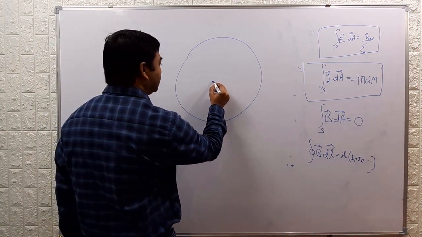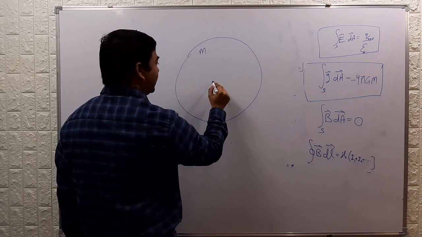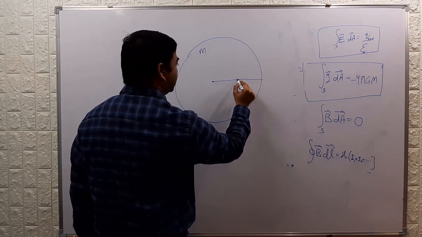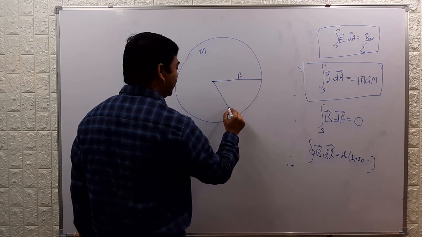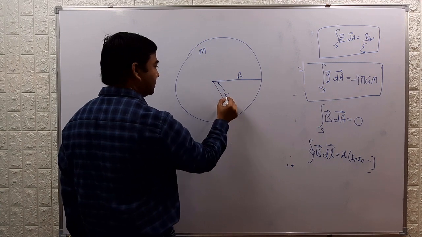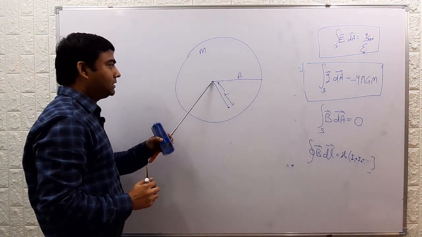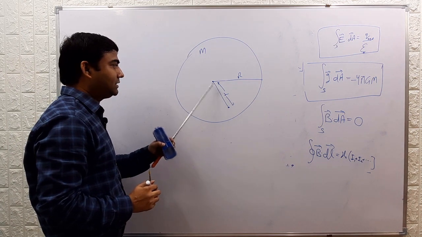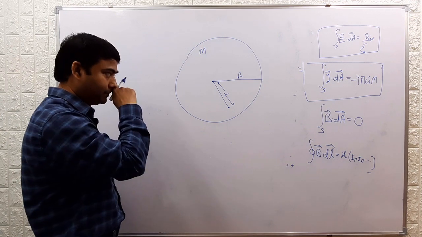This is Earth and this is the mass of Earth M, and this is the radius of Earth. We want to find the gravitational field at a small radius r inside the Earth, located at r distance from the center.